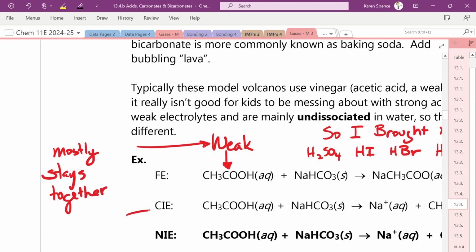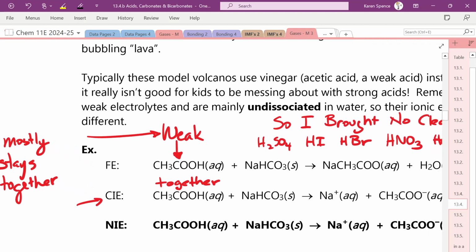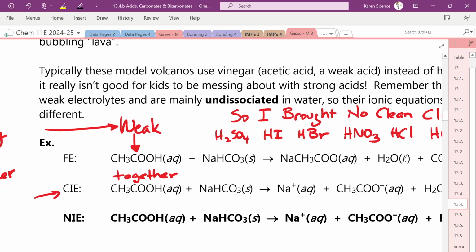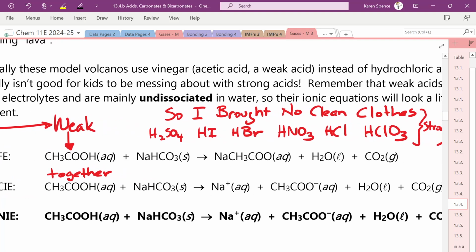So when we do our complete ionic equation, the weak acid stays together because that represents the vast majority of the molecules. And if we add our solid, then we get our salt and our water and our carbon dioxide.